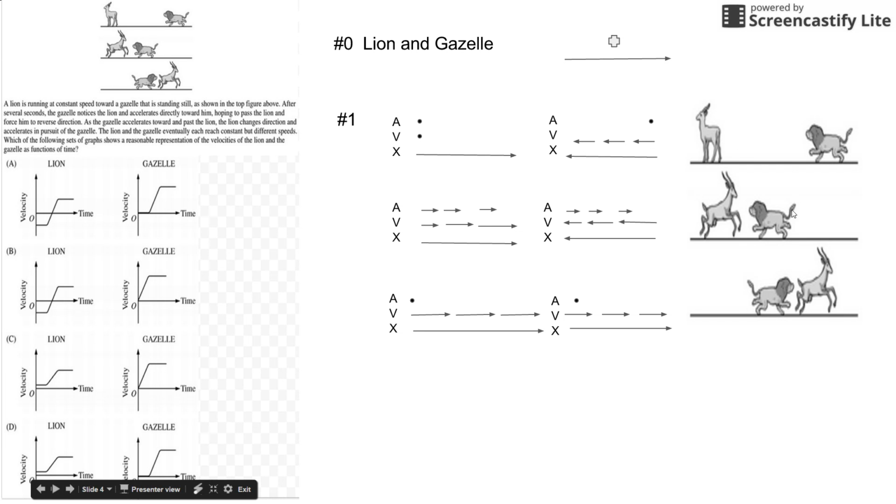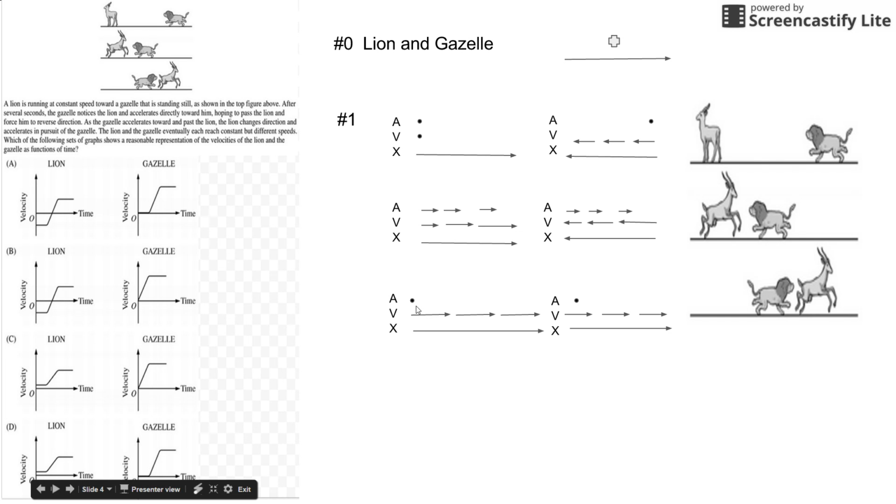And then in the second scenario, the gazelle sees the lion. The gazelle then accelerates to the right, running towards the lion. Velocity is increasing, and then it'll pass the lion. The lion, noticing this, is still going to the left, but is slowing down, and his acceleration is to the right in an attempt to slow down, and then speed up and catch the gazelle.